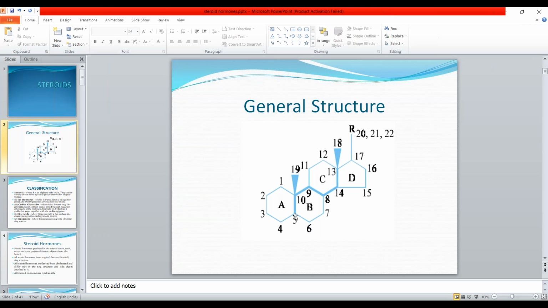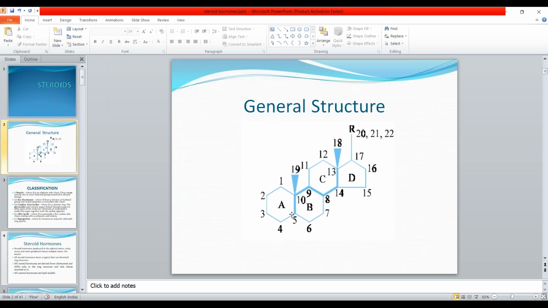This is the general stereochemistry that we follow. And when the substituent is above the plane, we depict it with this wedge, a thick triangle. You see at carbon number 18 and 19, there is a thick triangle, which depicts that substitutions at this juncture are above the plane.